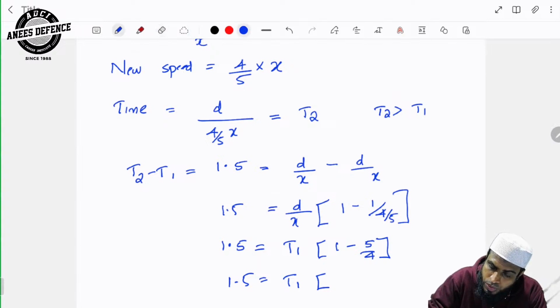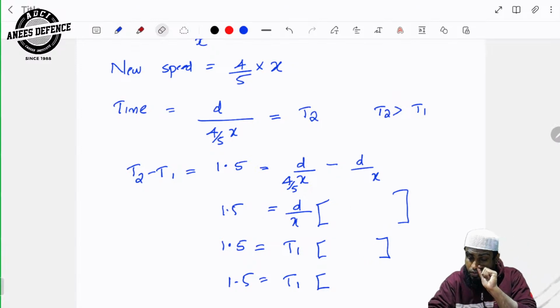Here you should put 4 by 5. Here you have to do a little modification because we should not get a negative value, so the greater time should be considered first.